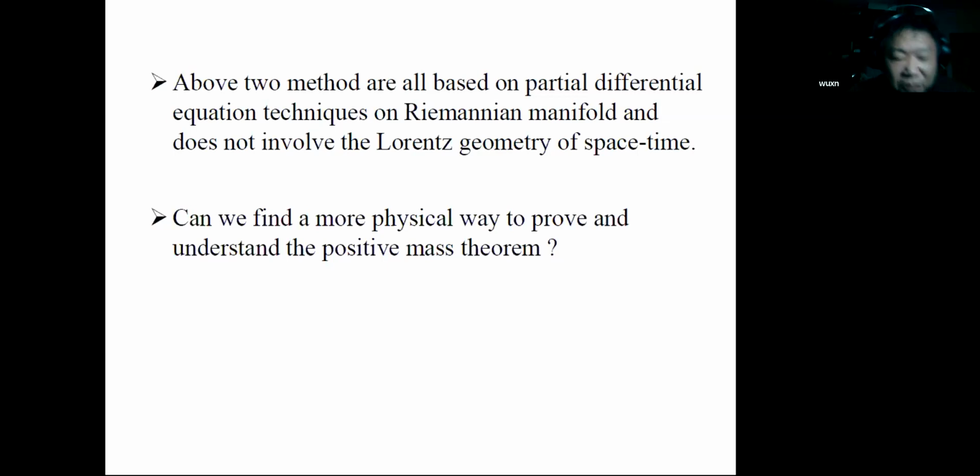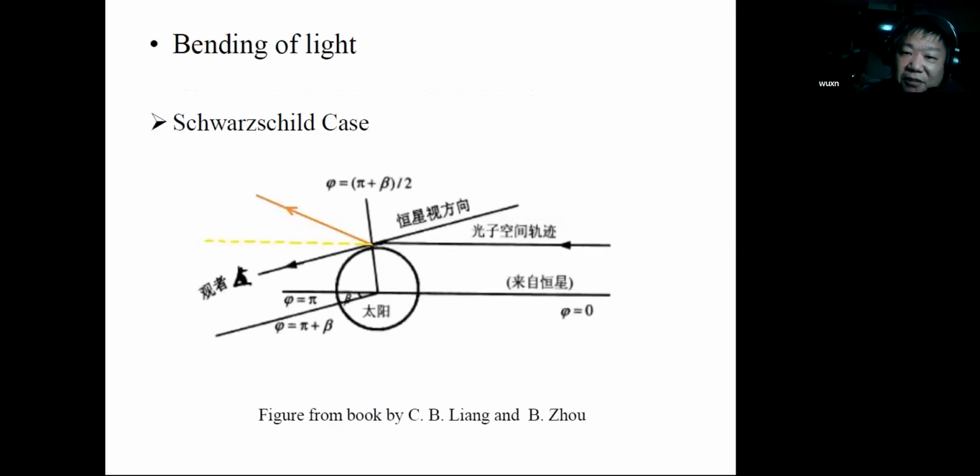So if we want to understand the positive mass theorem in a more physical way, that means we want to relate the positive mass theorem with some more practical physical process or physical phenomena. The one is that we want to consider the bending of light.